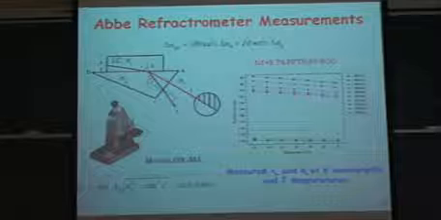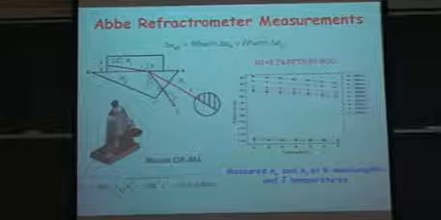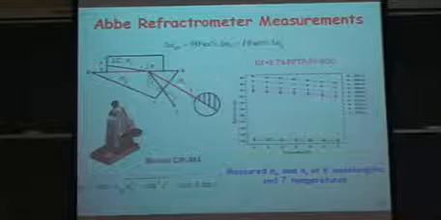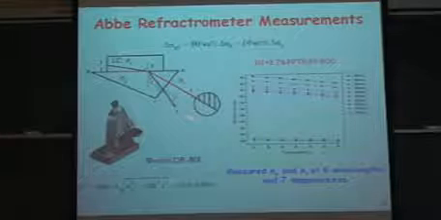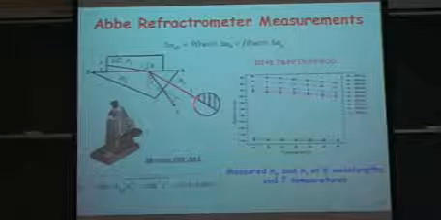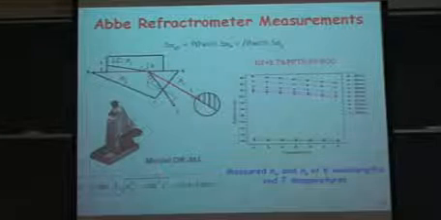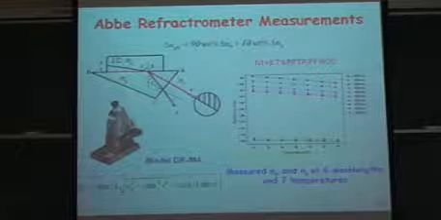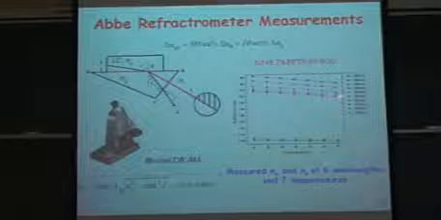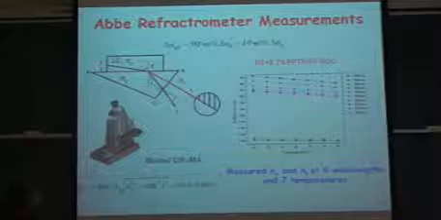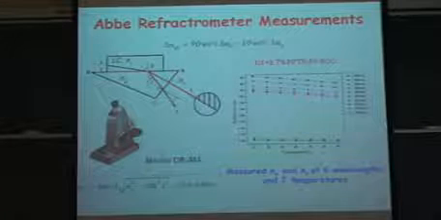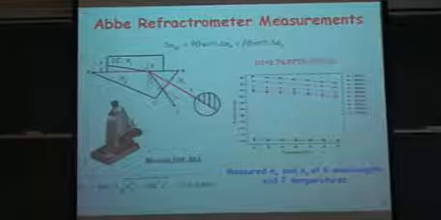By changing the angle to the total internal reflection stage, we can see a very clear edge. At this moment, we read the data, and this is the refractive index. So this is NE, and this is NO. The refractometer can be as accurate as 0.0001.